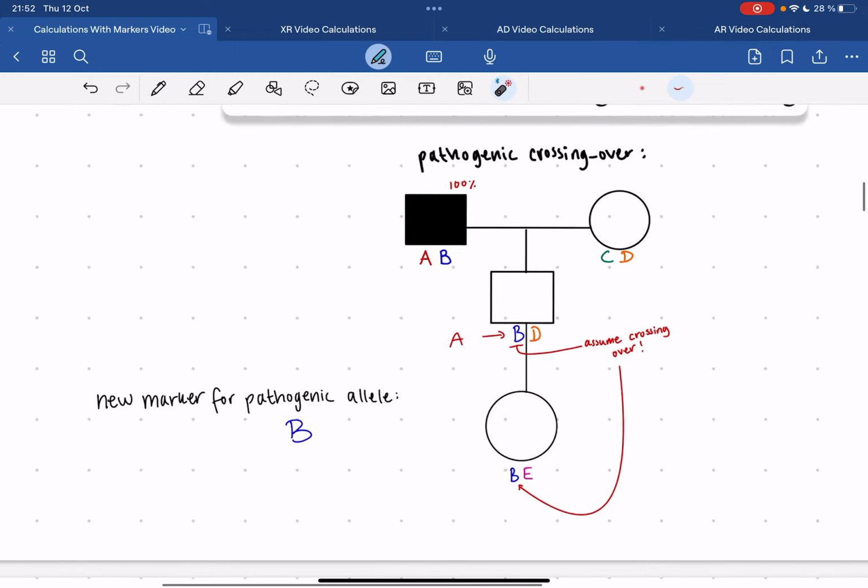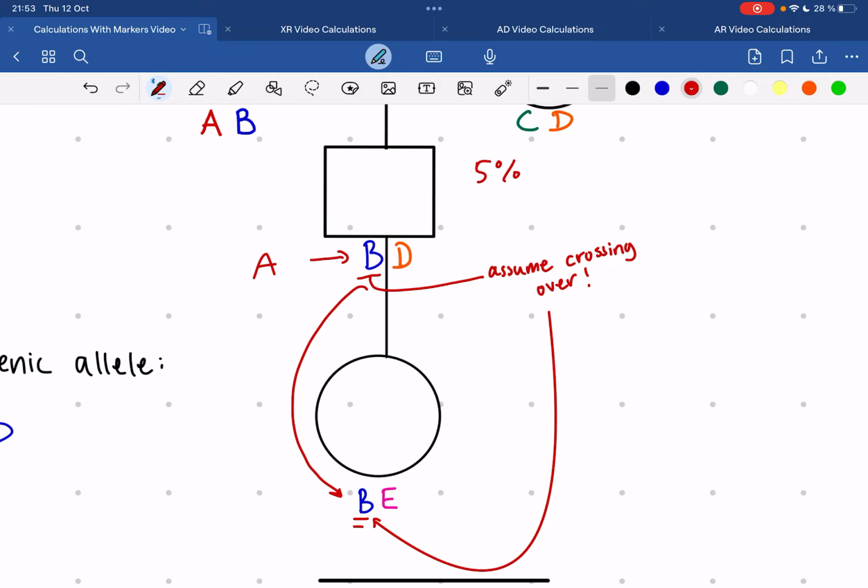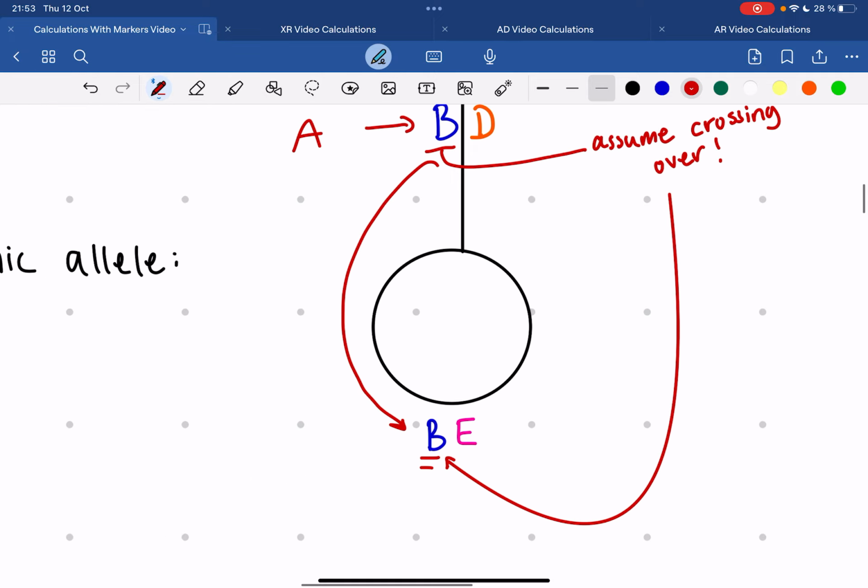Then, if we, for example, calculate this mother's or this father's probability for this B to be an A, we say it's 5%. Then for the child right here, when we want to calculate the probability for this child to be sick, we have to take into account that they have gotten this B from the dad, that we are now making the assumption that it is actually unhealthy and not healthy anymore.